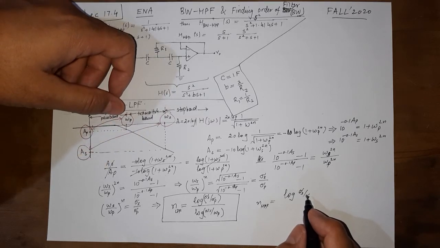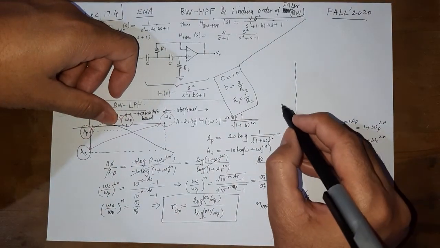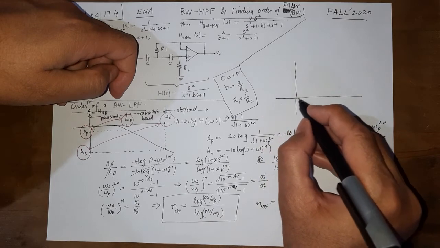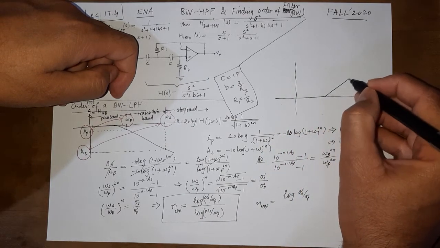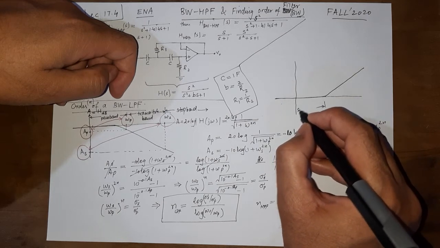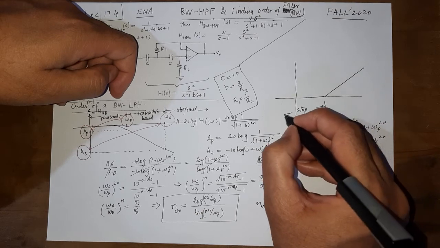or you can have... first understand that for a high pass filter, the specs would be given something like this. So if we have this here, then remember this is the stop band. So now the smaller value is the stop band.